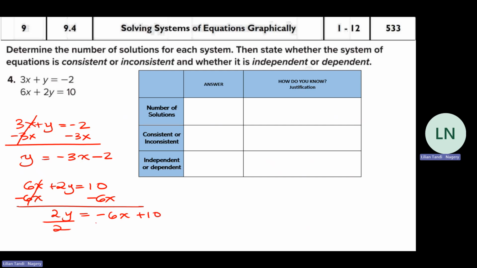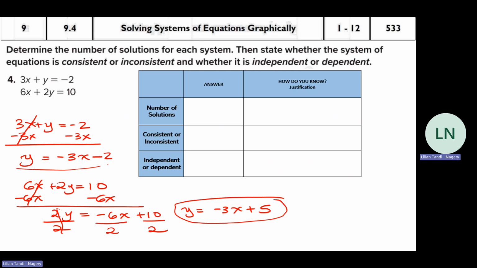You divide all terms by 2. So you will have y equals negative 3x plus 5. Okay. Now, what do you notice? The slopes are the same, but the y-intercepts are different. So you will have what? No solution.